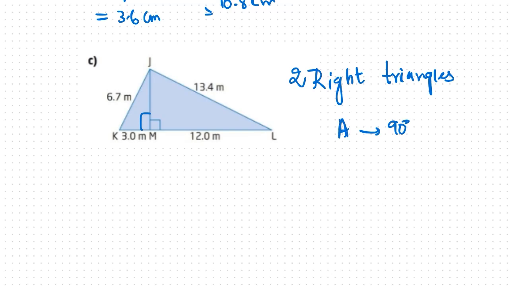But apart from that, side lengths are given. There is also one common side in these two triangles.